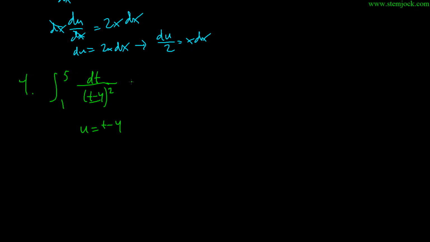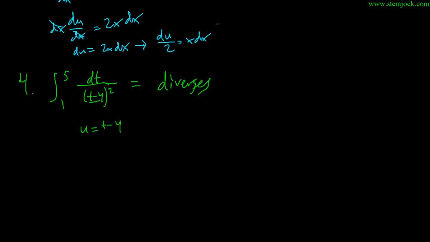So this integral actually diverges. So before you do any work, always check to see if the denominator goes to 0 when you plug in values of t between these limits of integration.